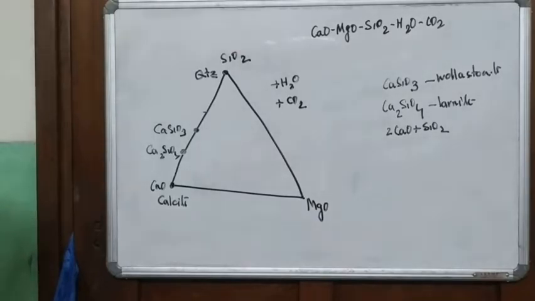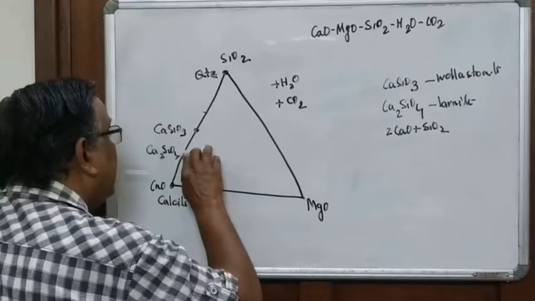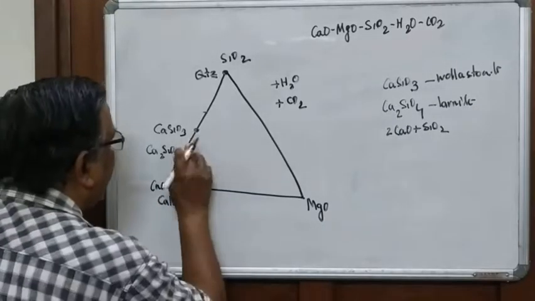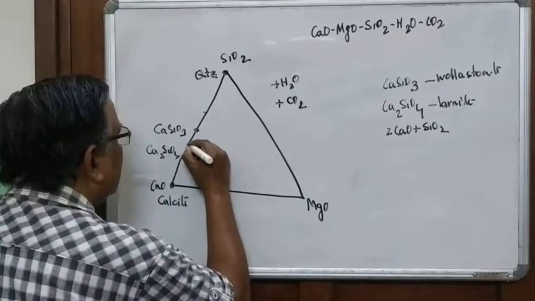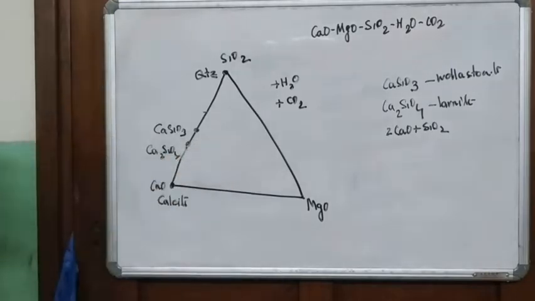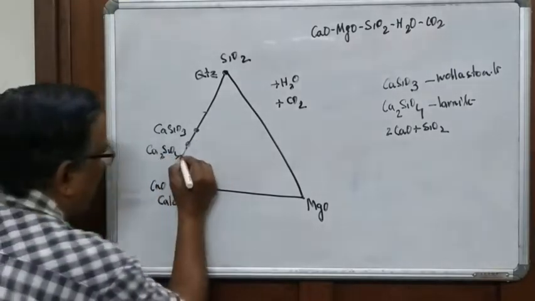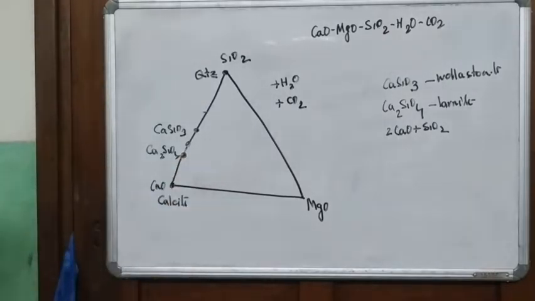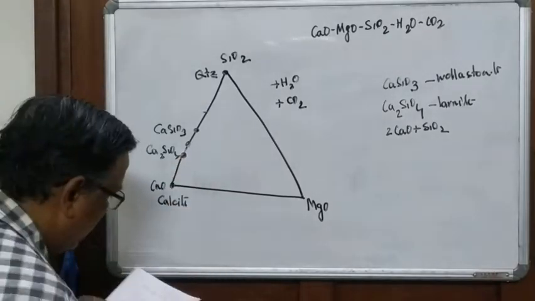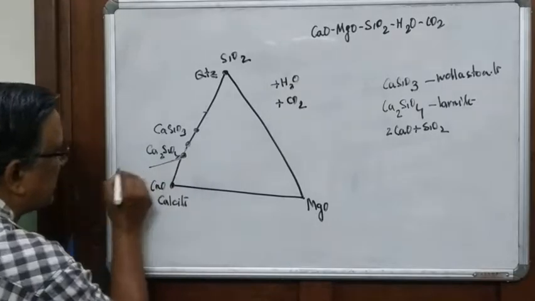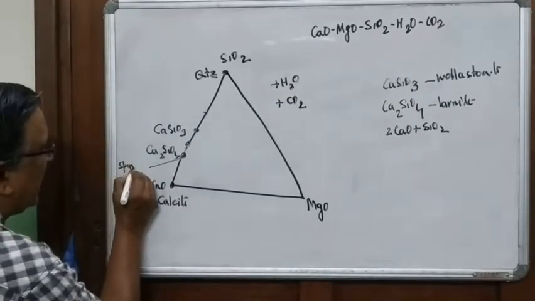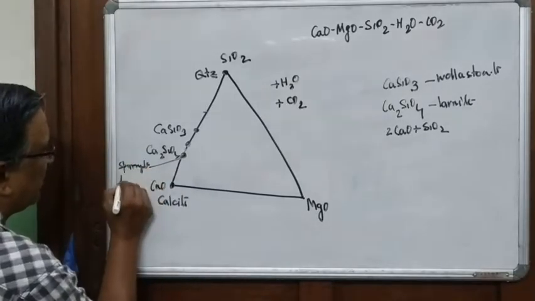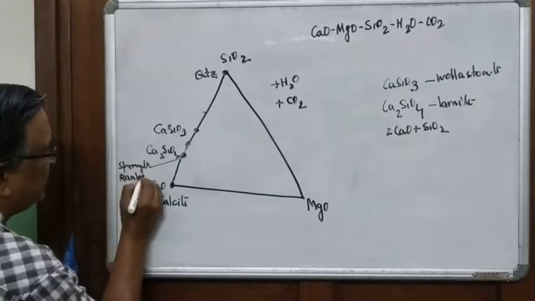And say for example, I think I plotted this a little too high. This is Ca2SiO4. And if you plot, you will see this is the position, for example. At this position, you will have spurrite, rankinite, etc. would plot in this position.